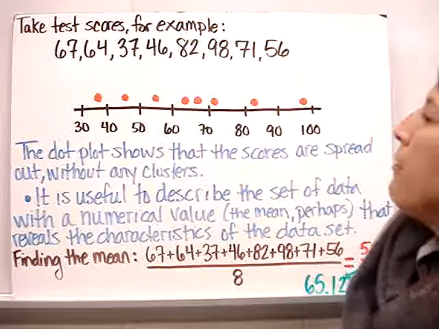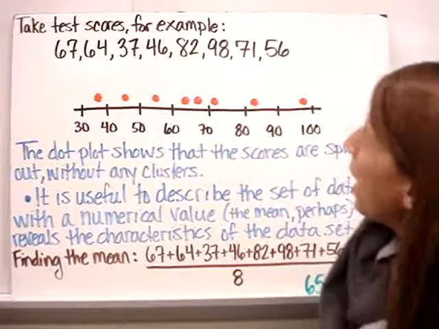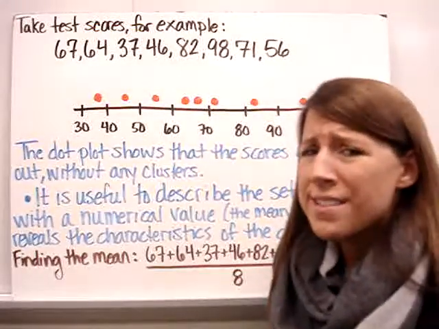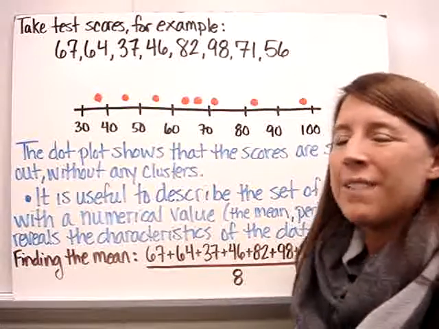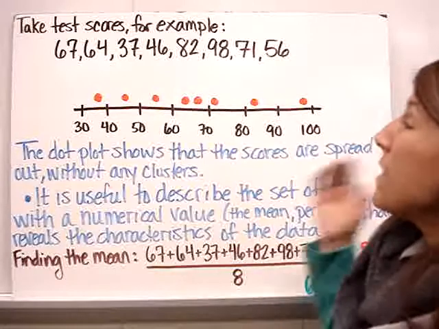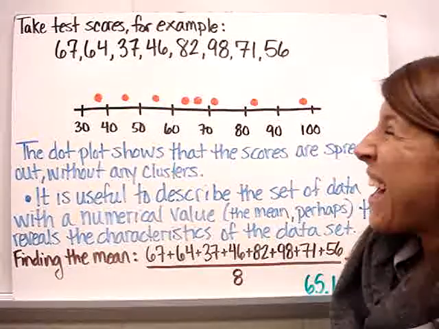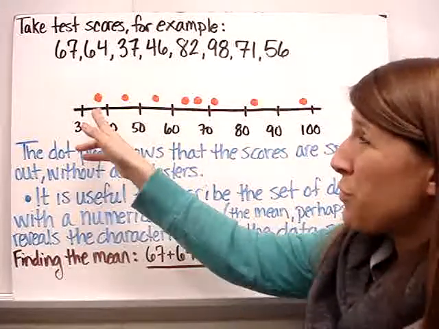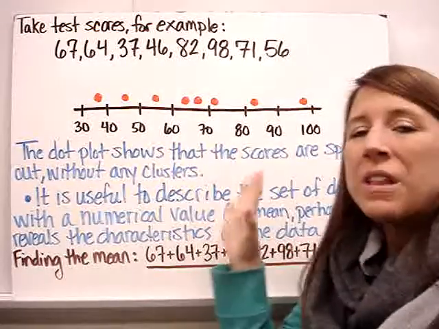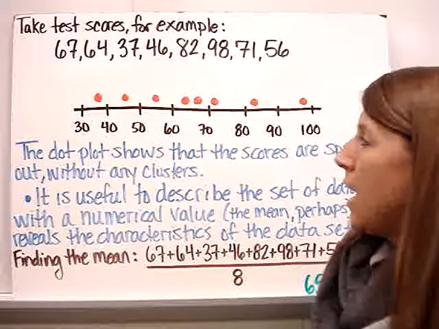Here we have a dot plot of 8 test scores. You can see that the dot plot isn't very effective in describing the data. What you can tell from the dot plot is that the test scores range from below 40 to almost 100, but they don't really cluster together.